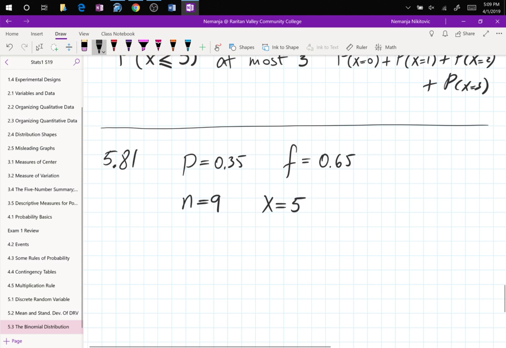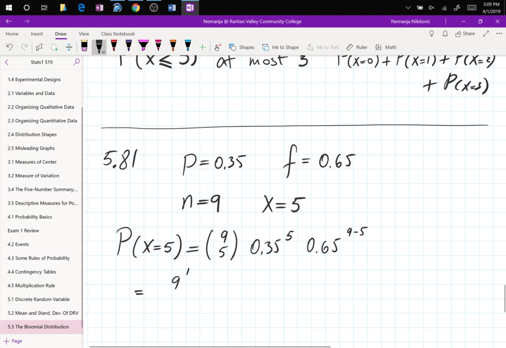So the probability of exactly 5 people having a breakup is 9 choose 5, and then we have our 0.35 to the 5 and 0.65 to the 9 minus 5, which would be 4.